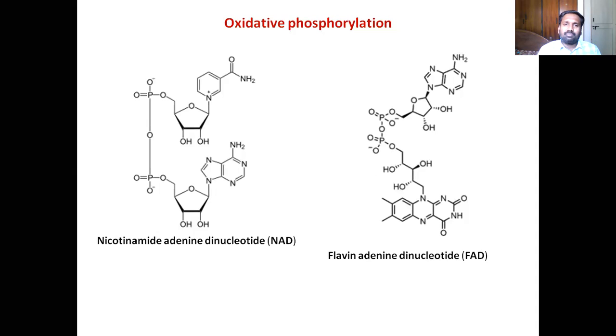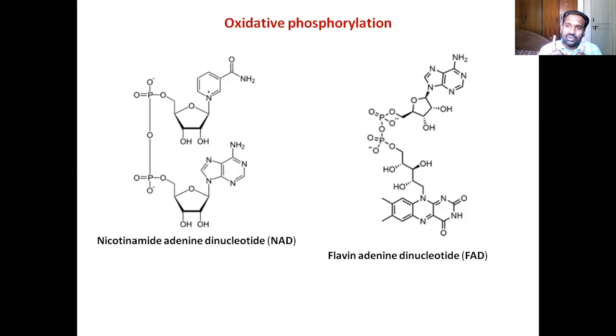Oxidative phosphorylation, as the name itself indicates, should include a reaction which is oxidative in nature. So in oxidative phosphorylation, there must be something which is undergoing oxidation. The synthesis of ATP from ADP is not oxidation. It is phosphorylation.